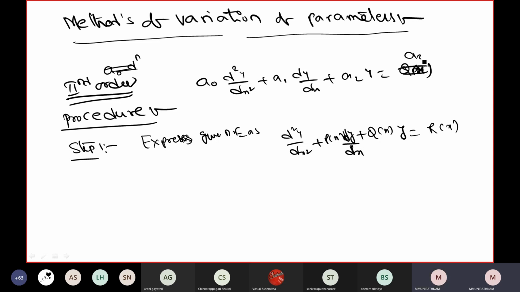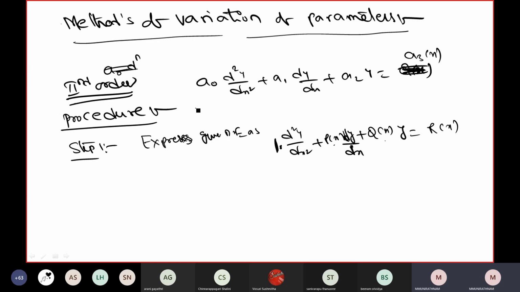Let us write a3 of x equal to r of x. That is, the coefficient should always be 1. The coefficient of this will be p of x, the coefficient of this will be q of x, and the RHS will be r of x.